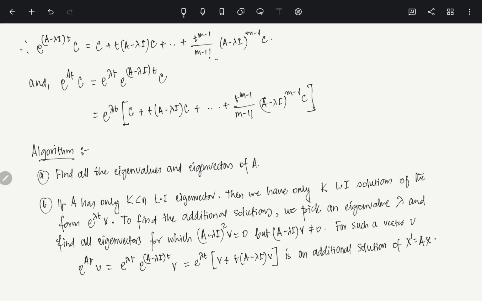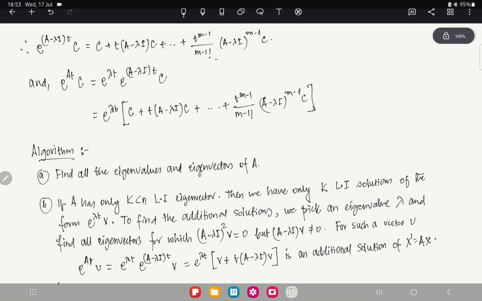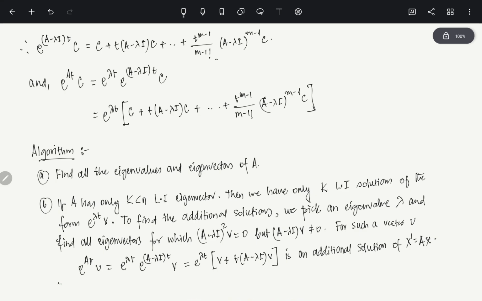And we do it for all other eigenvalues, if it is possible.